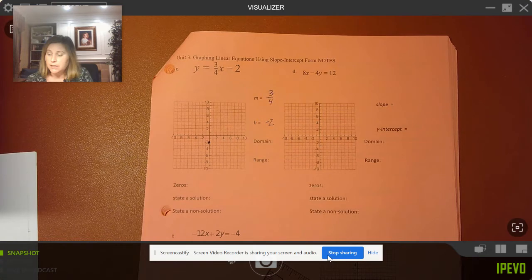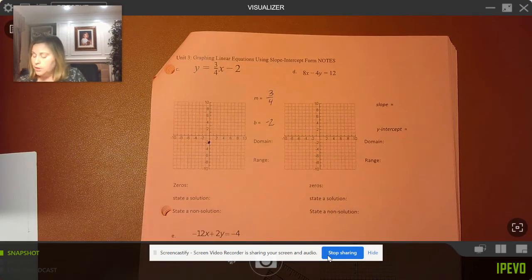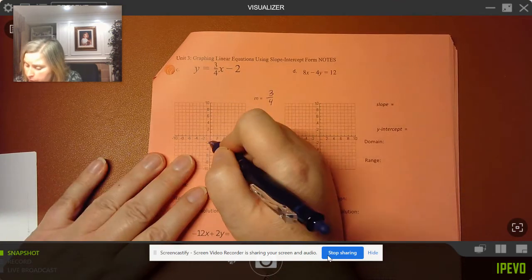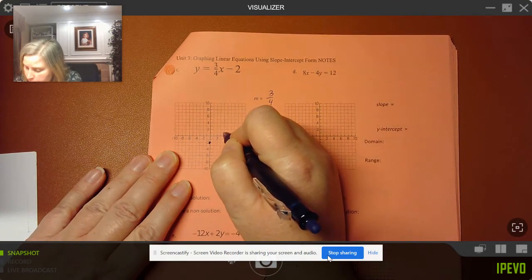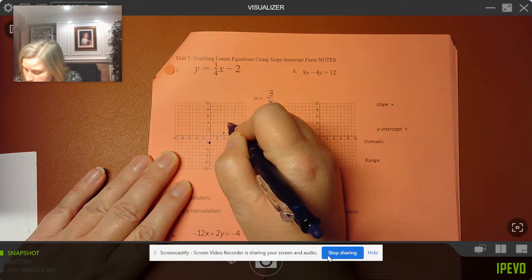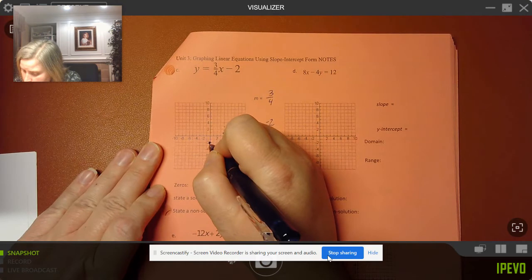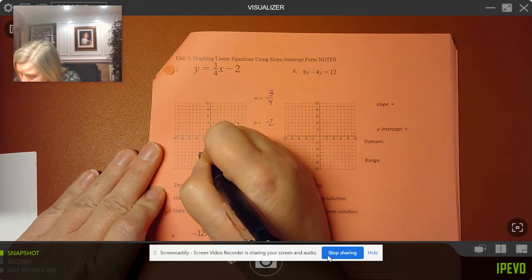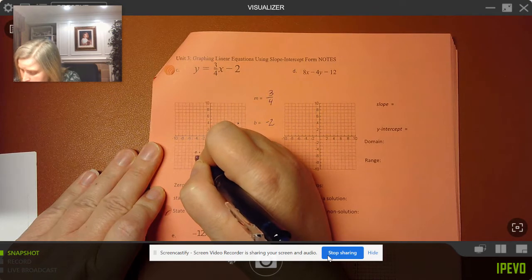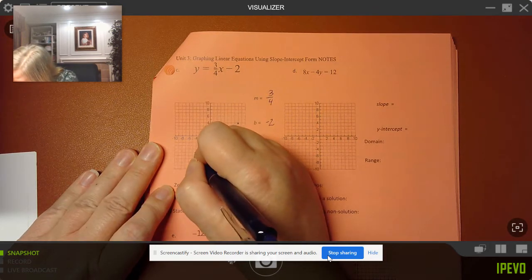My slope is positive because 3/4 is a positive number. And so my rise is 3, my run is 4. So I'll go up 3, right 4, up 3, right 4. So that's the ratio. I can also go down 3, left 4. Lost count there.